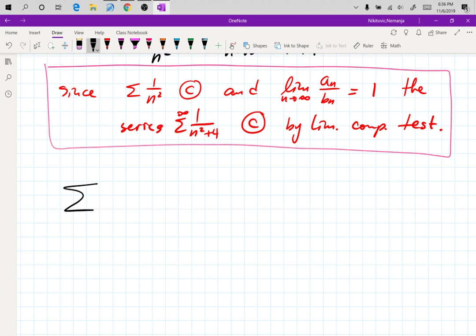Spicier situation. Square root of k over k cubed plus 1, from 1 to infinity. So this is in a textbook. What do we compare this to? What would be my bn?